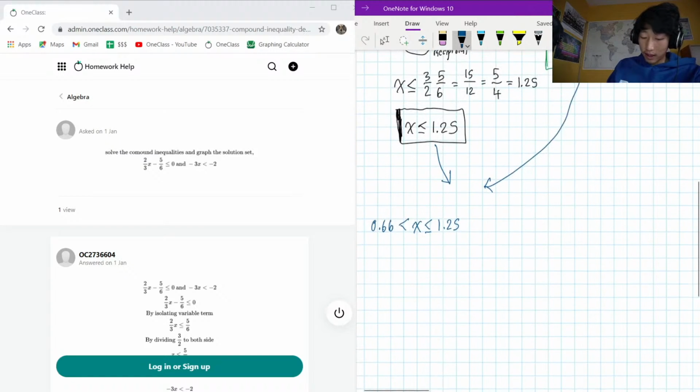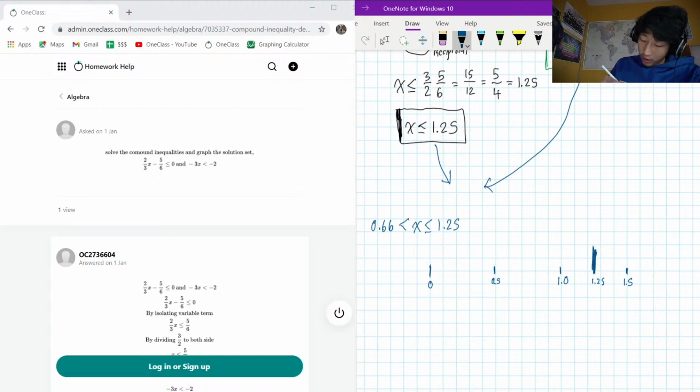Okay, so given this, to do this graphically, let's say we have a number line here. Here's 0. Here is 0.5. Here's 1.0. And here would be 1.25. Here would be 1.5.